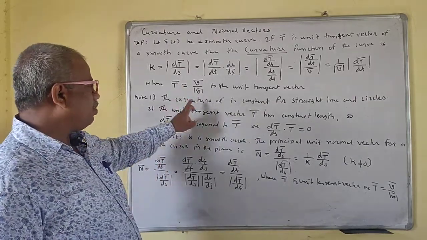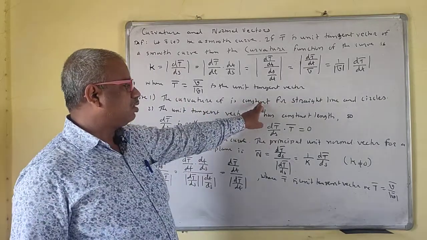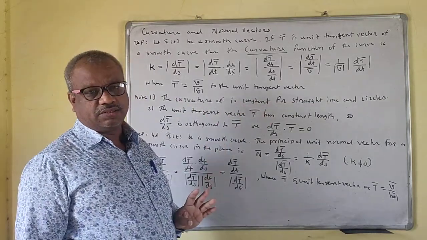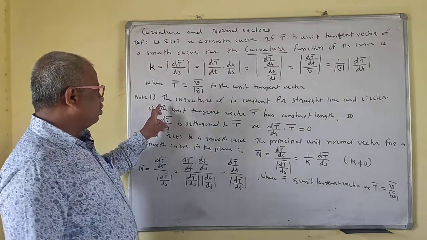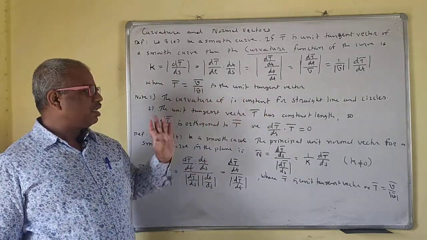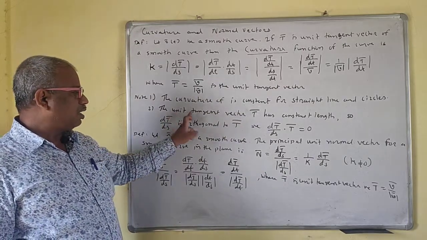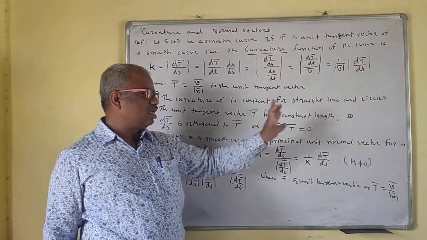Note this point: the curvature is constant for a straight line and for circles. For objective problems you should remember this. Also important, the unit tangent vector T bar has constant length.